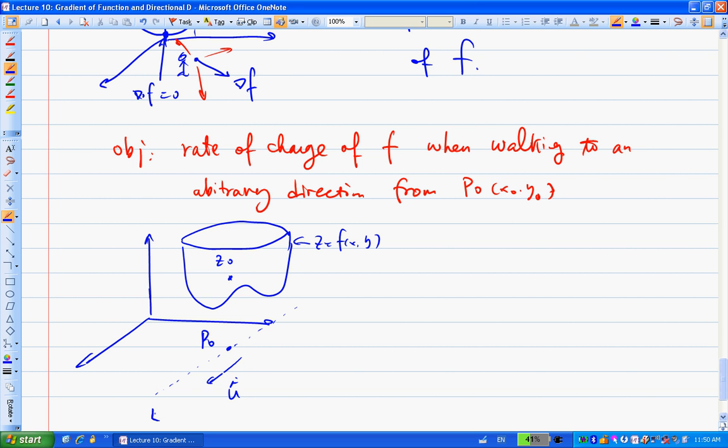So now imagine the situation. As this little a here is walking in the u hat direction, what happens to this little b here? It's going to change, right? How is that going to change, and what kind of curve is going to be traced out?